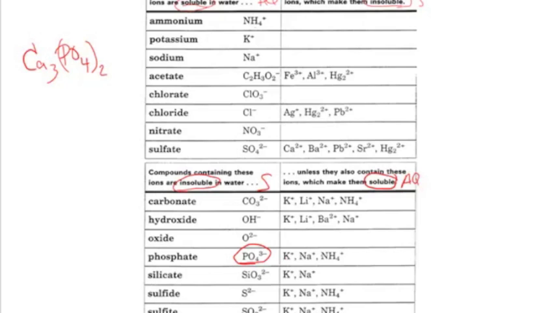And notice down here there's no calcium exception, so therefore this is going to be a solid. The next compound I have is potassium chloride. Anything with potassium is aqueous, and anything with chloride is aqueous, unless I have these, and it's not the case, so therefore I'm aqueous.